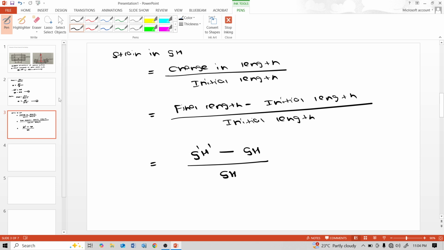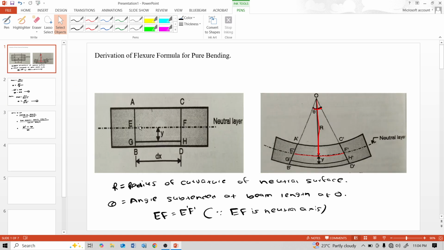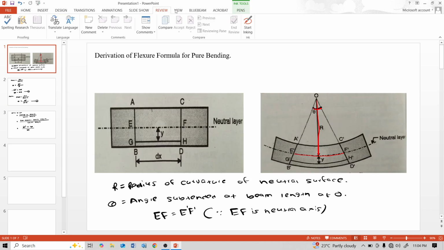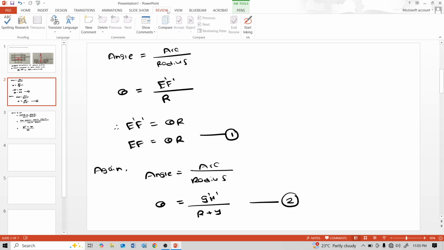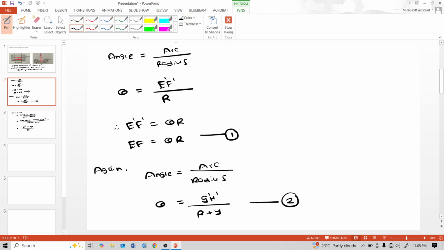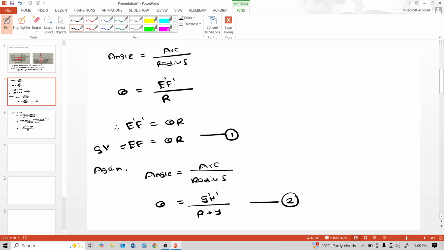From equations 1 and 2, EF is equal to theta R. The EF distance and the GH distance before bending are the same, so GH is equal to EF, which is equal to theta R. This is equation 1.